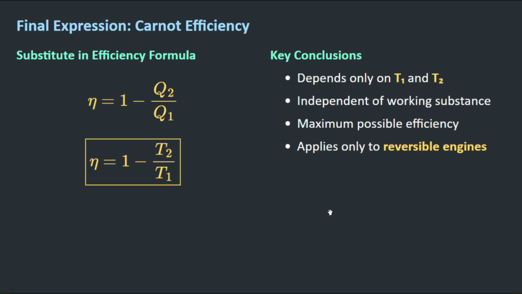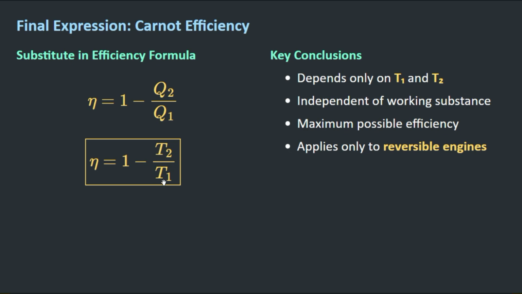So what is the conclusion? That our efficiency depends on the cold and hot reservoirs. It's independent of the working substance. It's the maximum possible efficiency, applicable only to a reversible engine, of course, an ideal scenario. So the point is, it depends on the temperature.